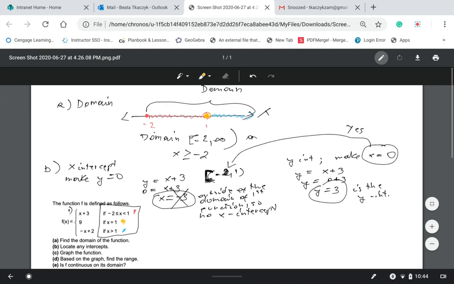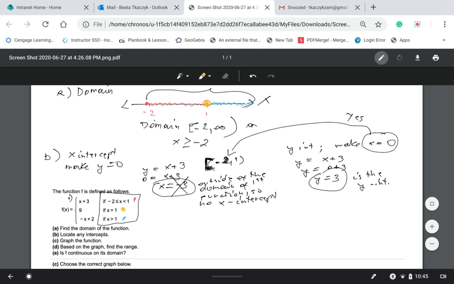Now let's talk about the second function, when f of x is equal 9. That means y is equal 9. I just quickly will graph that.